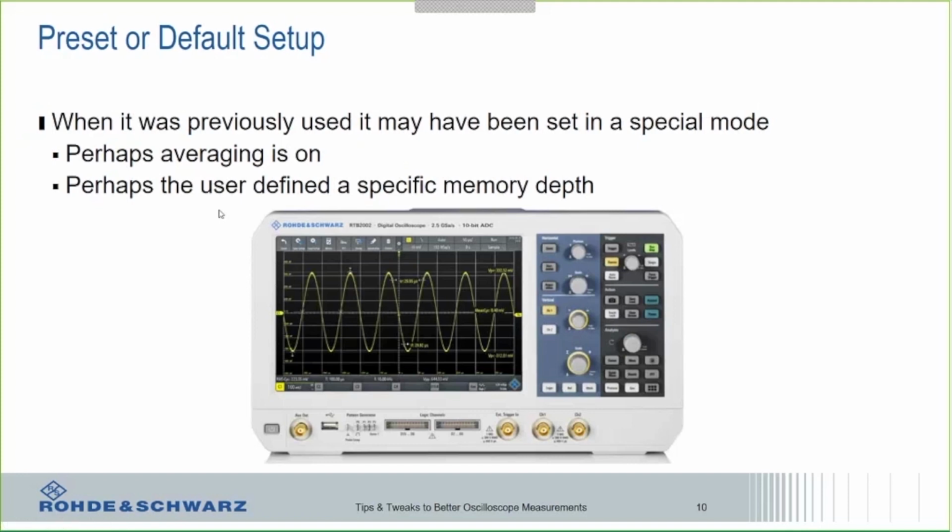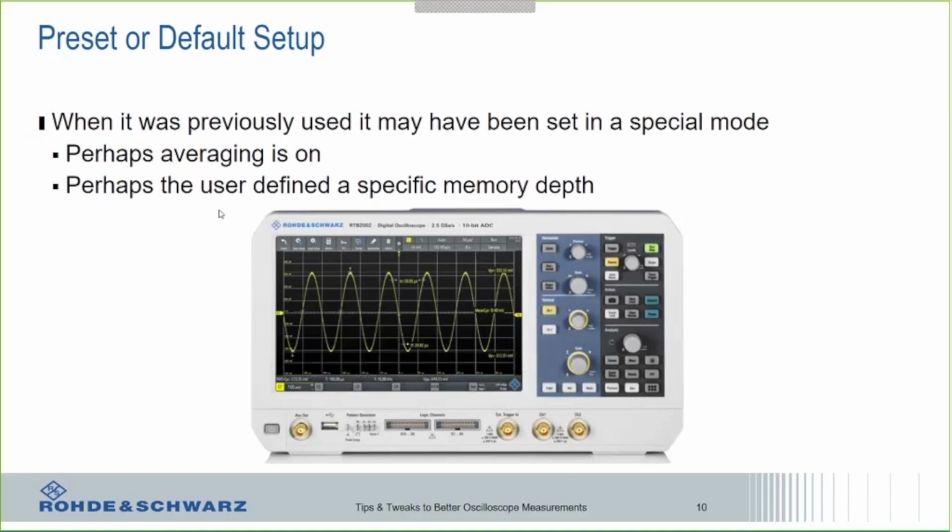Most scopes will have a button on the front panel. It might be called preset, or it might be called default setup, depending on the scope. But it'll bring the scope back to a known good setting, and that's always a great place to start. It's going to help ensure that you don't accidentally make an incorrect measurement.